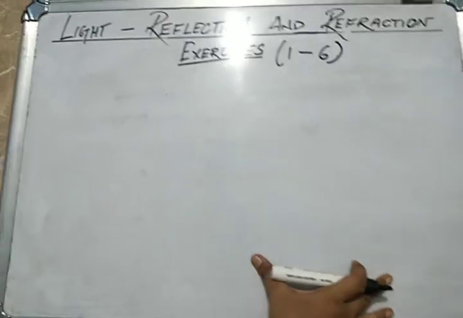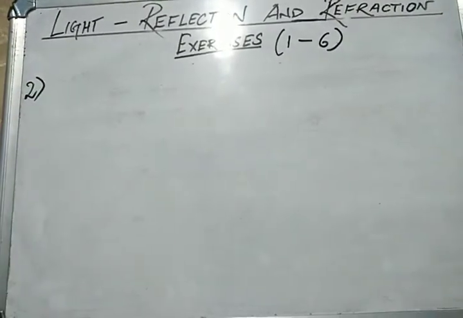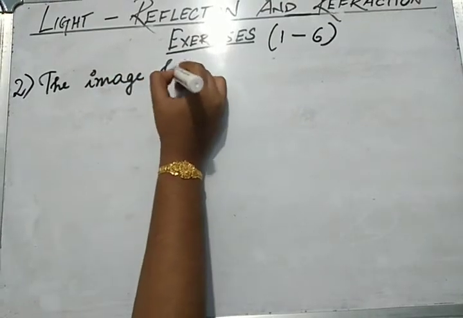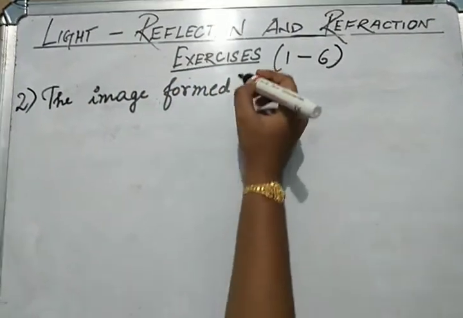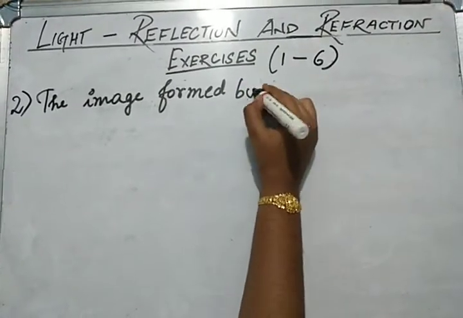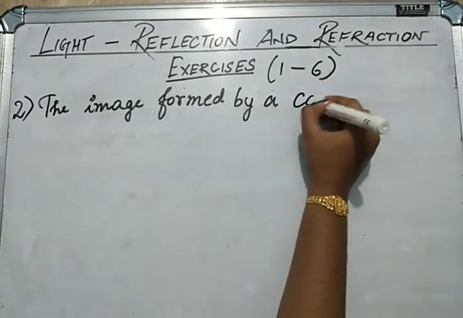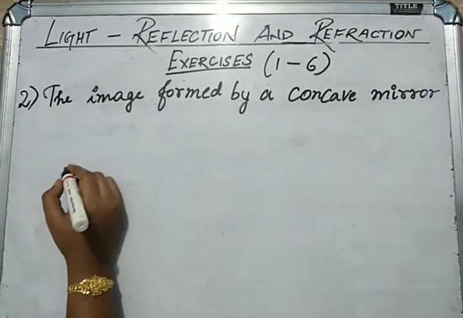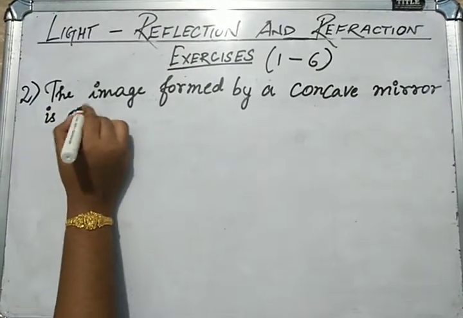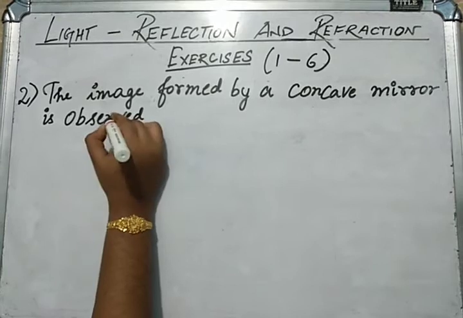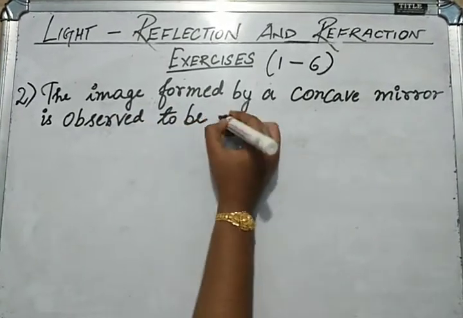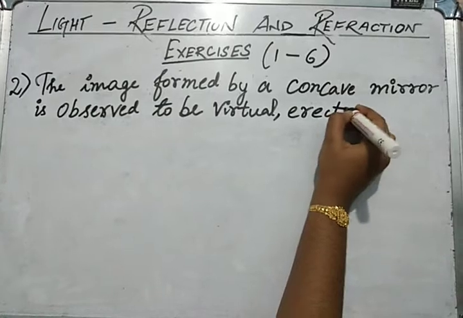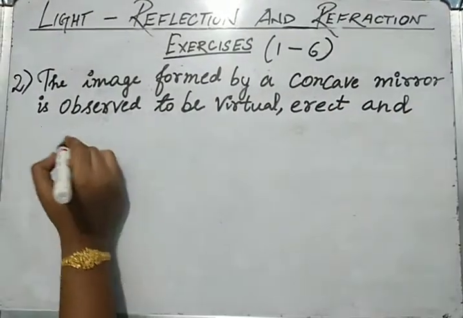The question is, the image formed by a concave mirror is observed to be virtual, erect and larger than the object.